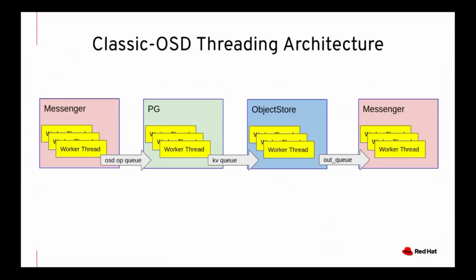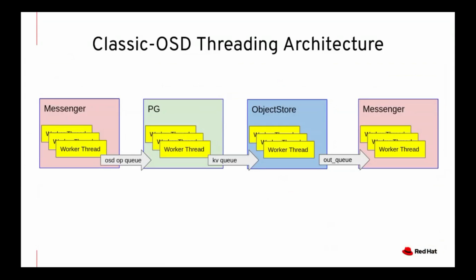So for a small unreplicated write, the client message is read off the wire by the messenger thread, which places the message in the op queue. The OSD op thread pool then picks up the message, creates a transaction, which it queues for BlueStore. BlueStore's KV sync thread then picks up the transaction along with anything else in the queue, synchronously waits for RocksDB to commit the transaction, and then places the completion callback in the finisher queue.